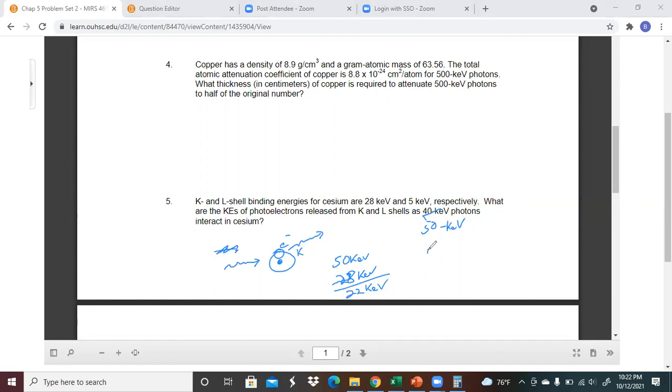Let's say rather than the K shell, that it interfered in the L shell, and by comparison, it's much cheaper. So it gives it 5 keV to bump it out, which means the photoelectron is running out with 45 keV. So that one's really not too bad.